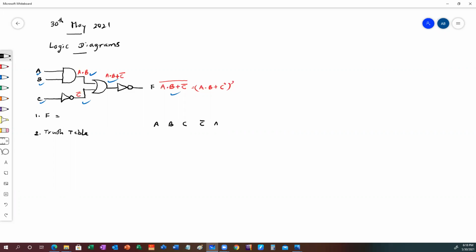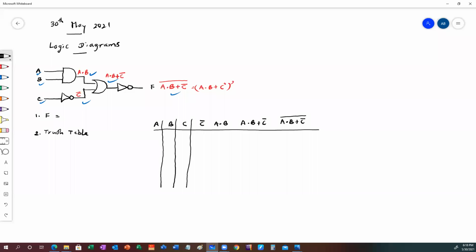C bar, then A and B, then A and B OR C bar, then A and B OR C bar, full bar, right? One, 2, 3, 4, 5, 6, 7.